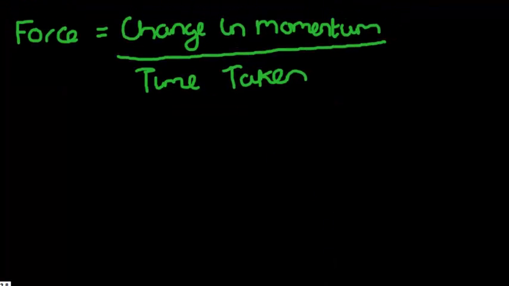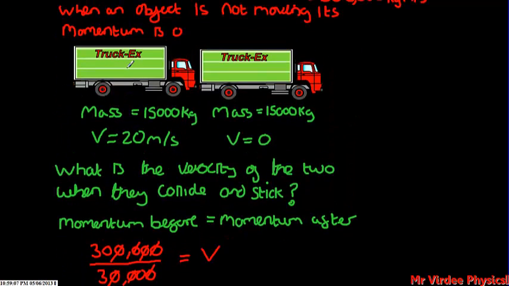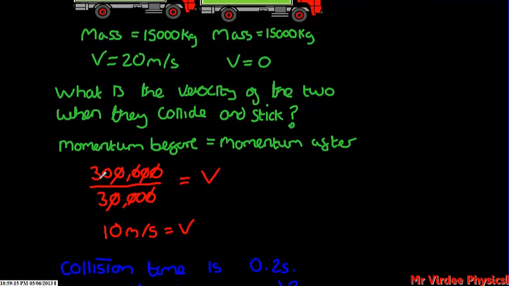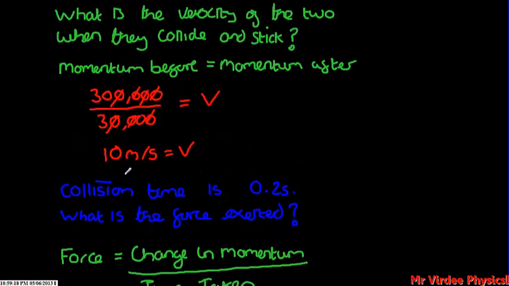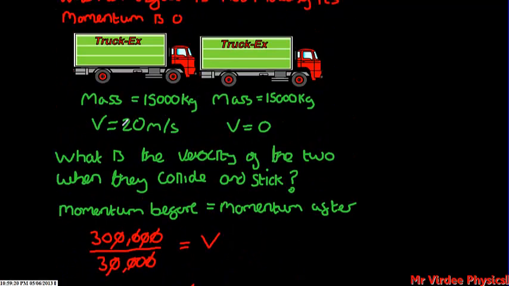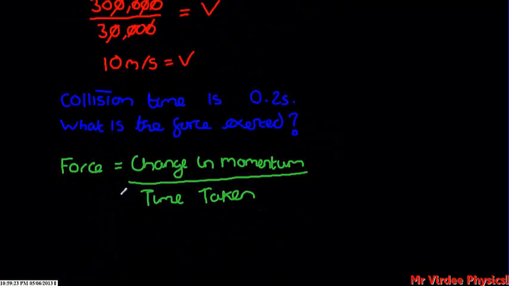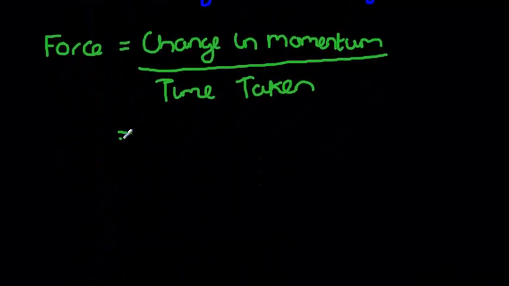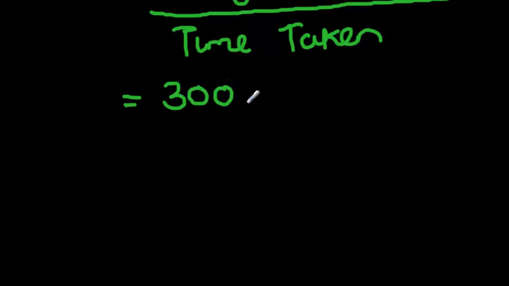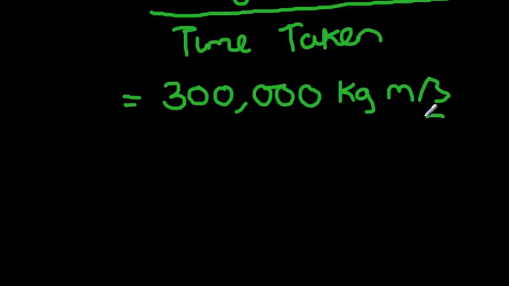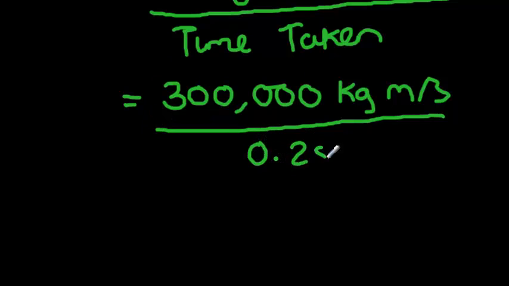We know my change in momentum. The only one that had momentum at the start of the collision was this one here, so my momentum was 300,000, because that comes from 1500 kilograms times 20 meters per second. So 300,000 kilogram meters per second divided by 0.2 seconds.